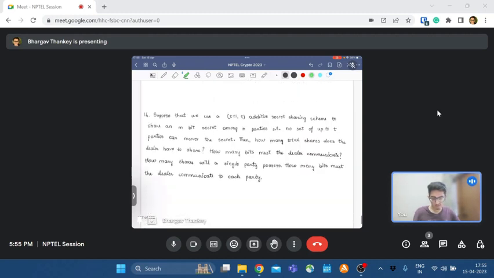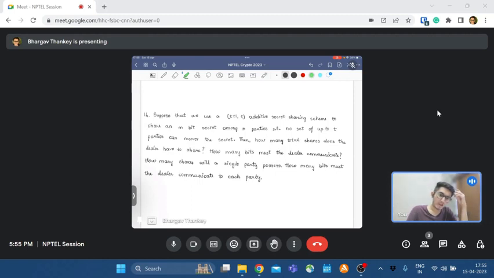So now let's look at problem 16. Suppose that we use a t plus 1 comma t additive secret sharing scheme to share an m-bit secret across n parties such that no set of up to t parties can recover the secret.